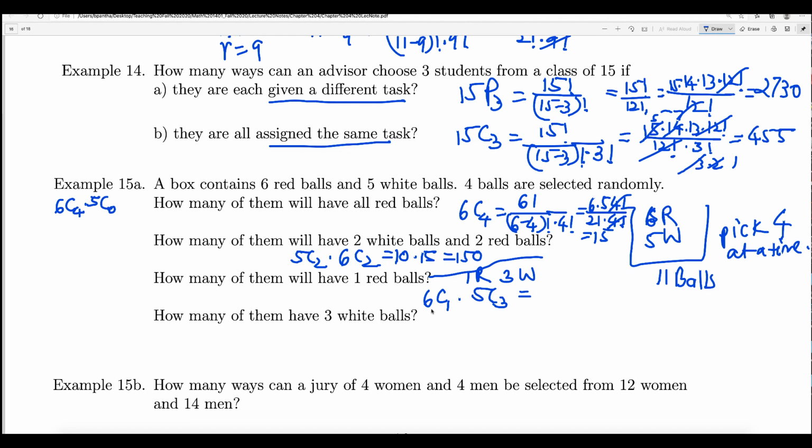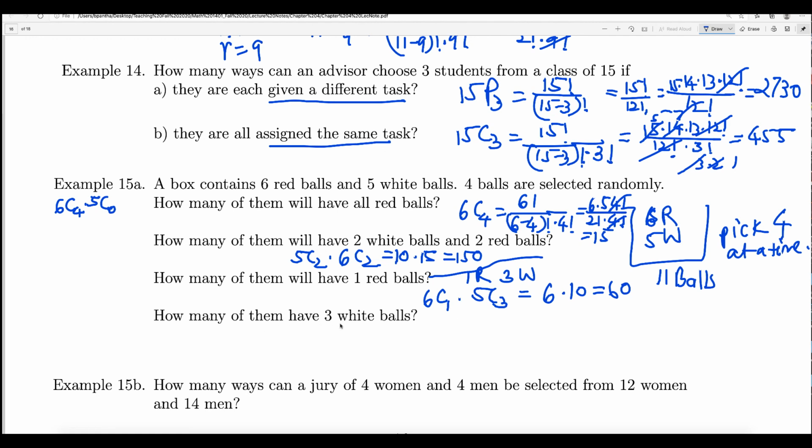Here 6C1 will be 6, okay? Because 6 factorial over (6 minus 1) factorial times 1 factorial, that will be 6. 6 times 5C3, which is 5 factorial over (5 minus 3) factorial times 3 factorial, will be 10. That will be 60 in total, okay? So you can use the formula, or just use the calculator for 5C1, 5C3 like that.